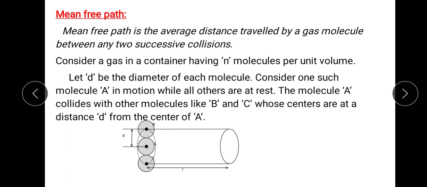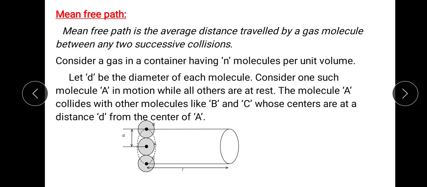If that molecule undergoes many collisions, it will not travel the same distance between two successive collisions. Say the molecule starts its motion, undergoes a collision with molecule 2, freely moves up to a certain distance d1, then collides with molecule 3. It travels some distance d2 and collides with molecule 4, then travels a distance d3 and collides with the fifth molecule.